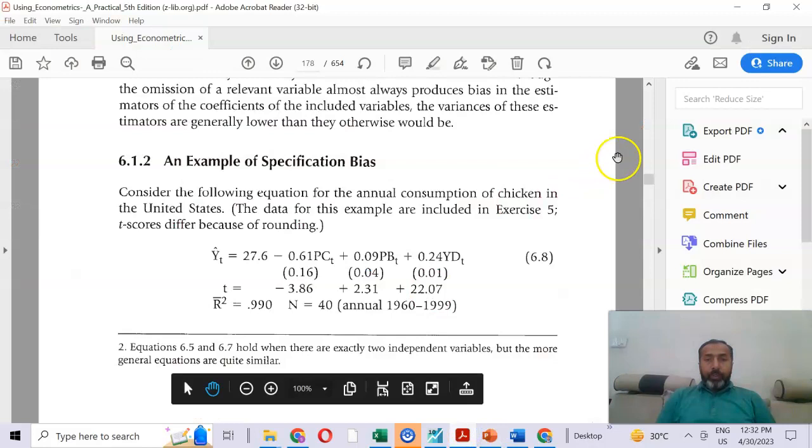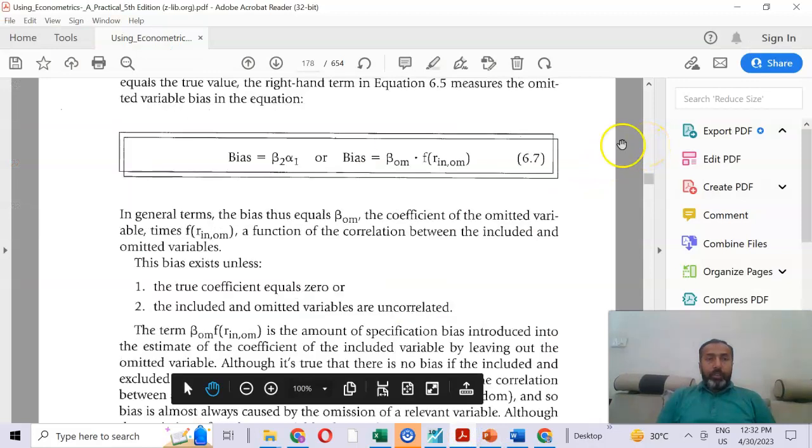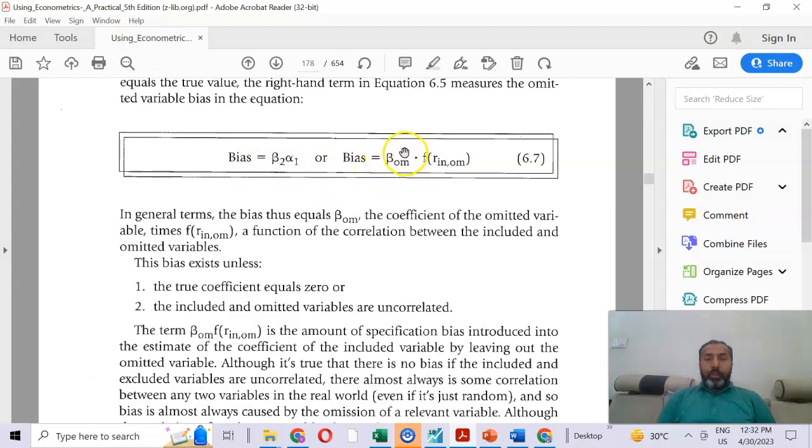See here, first of all, the formula of the biasness is beta of omitted variable, which in our case is price of beef, multiplied by correlation between included variable and omitted variable. Included variable is price of chicken in our case, and omitted variable is price of beef in our case.